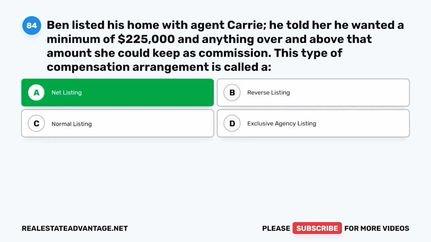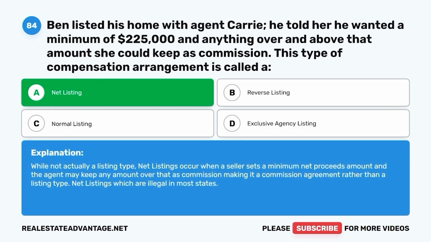The correct answer is A, net listing. While not actually a listing type, net listings occur when a seller sets a minimum net proceeds amount, and the agent may keep any amount over that as commission, making it a commission agreement rather than a listing type. Net listings are illegal in most states.